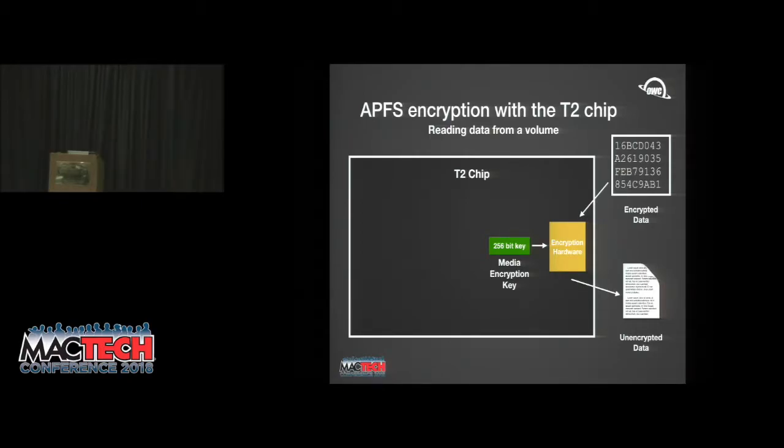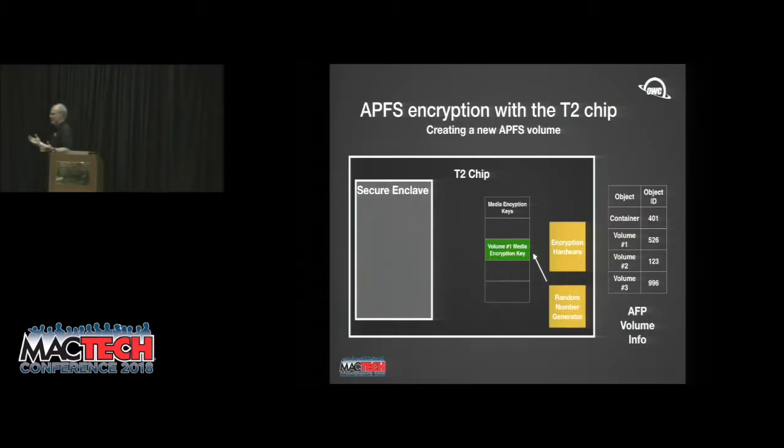So let's work backwards from the media encryption key into the T2 chip and see how things are handled all the way through. If you start from the other end, like Apple's documentation, you're going to sit there and fall asleep, believe me. I did last night.